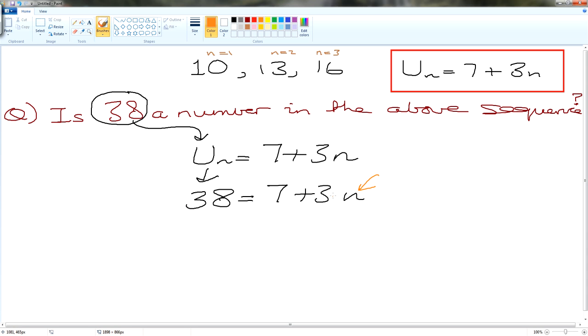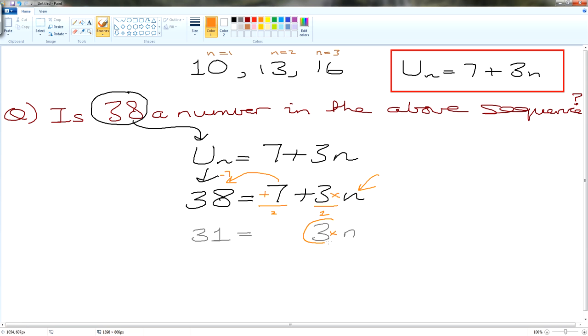So let's have a look. So n has been times by 3, we call that the first action. It's been added by 7, it's called the second action. We always move the second action first. So opposite of add 7 is minus 7. So 38 minus 7 will give us what? 31. And then what do we say?